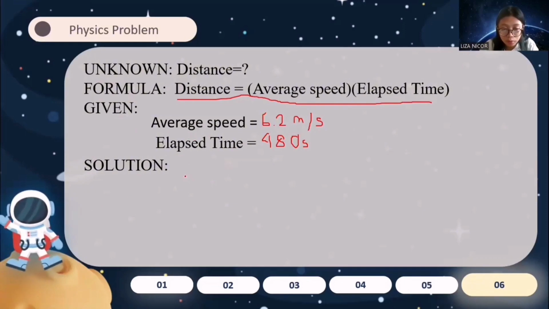For the solution, we will just substitute the given into this formula.